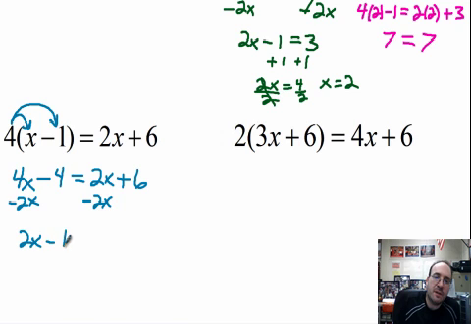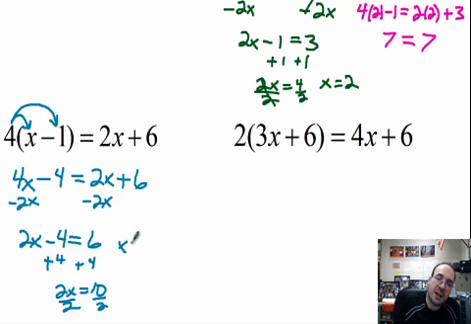I bring down my 4, and notice, don't forget to multiply the negative 1 by a 4. A lot of people have been forgetting that when they distribute. They've not been taking care of both numbers there. So make sure you do that, because otherwise I would be sad. So then I add 4 to both sides, and I get 2x equals 10, and I divide by 2, I get x equal to 5, okay?